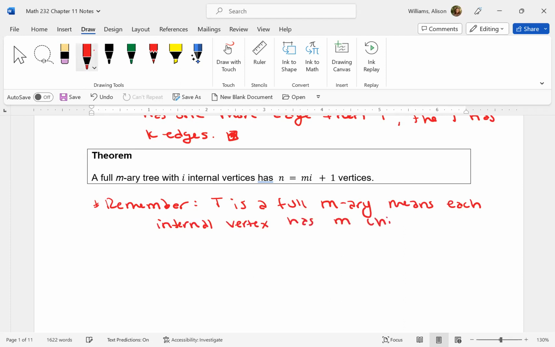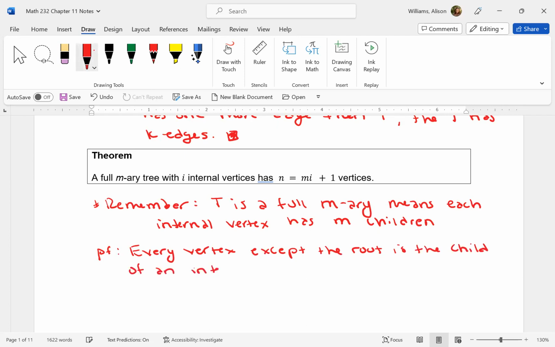That's what it means to be a full M-ary tree. All right, so keeping that in mind, the proof is pretty simple. Every vertex except the root is the child of an internal vertex.